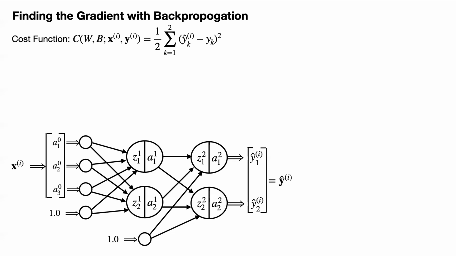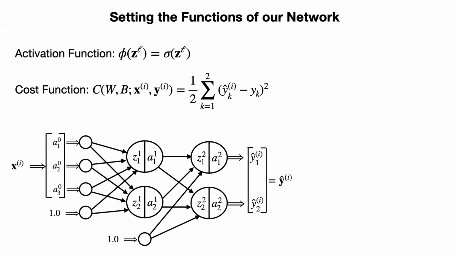Okay, so here's where it starts. We need to find the gradient of, again, this entire network is a function. It's a function of every single weight, right? How many of them are there? There's 2, 4, 6, 8, 10, 12. There's 12 weights and 4 biases, right?